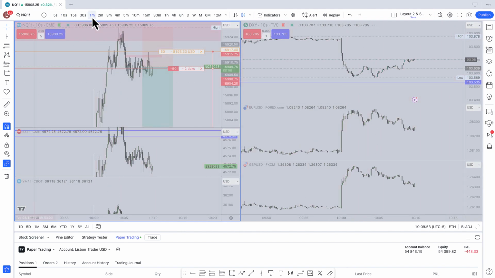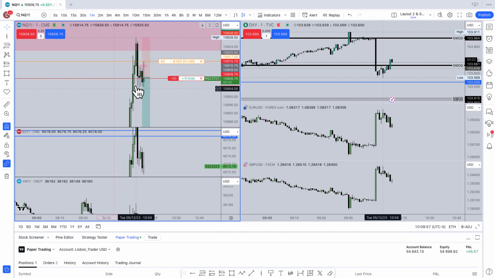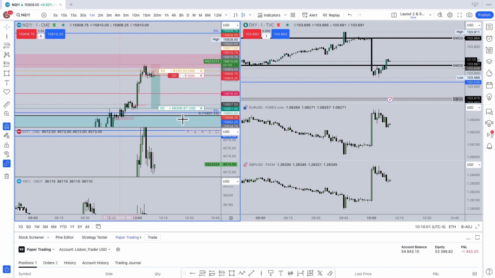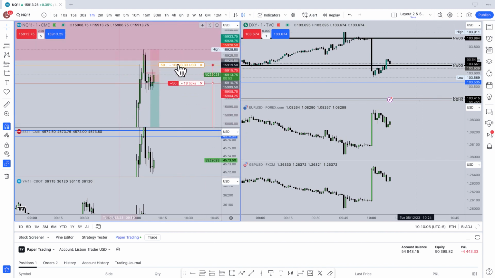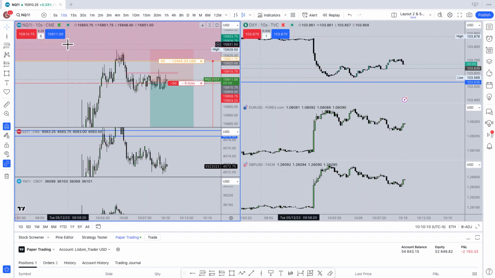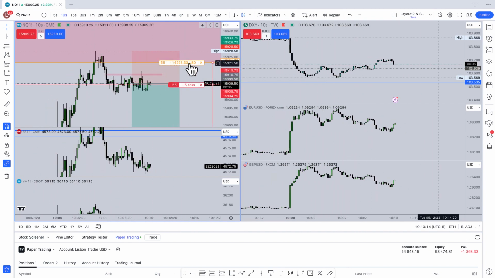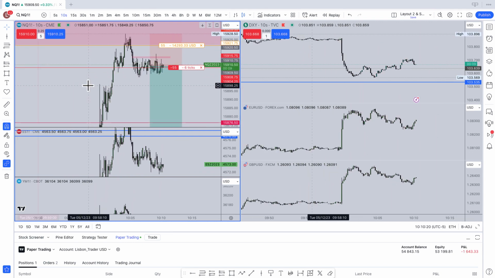So we did this, came above, it's rejecting and is now going lower for the 51. Let's keep on pushing, we have 14,000 at risk from the balance.